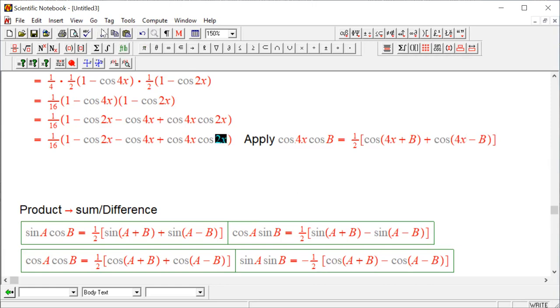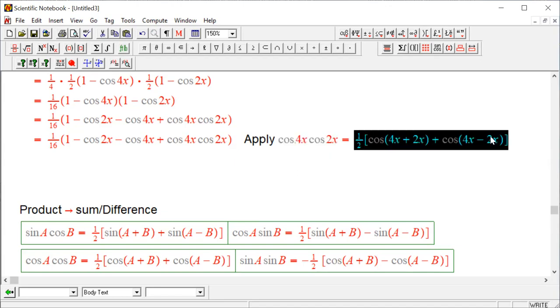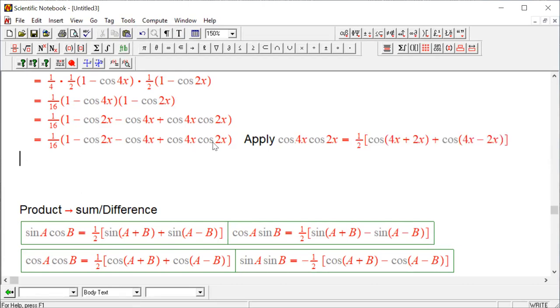B is 2x, everywhere B replaced by 2x. Boom. There. And we're going to take what equals this piece, which has been reduced to power, and replace it right here.